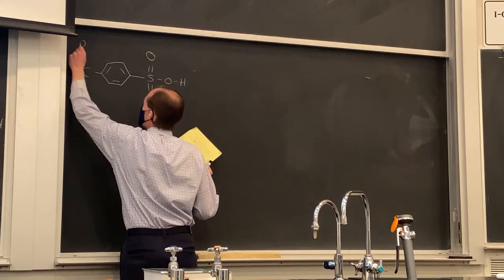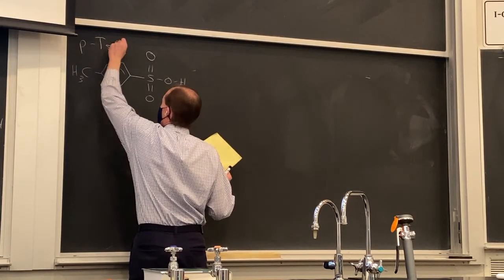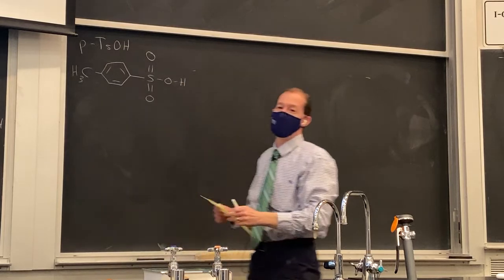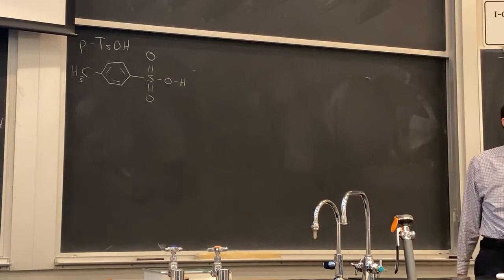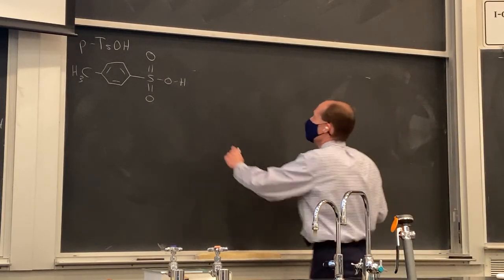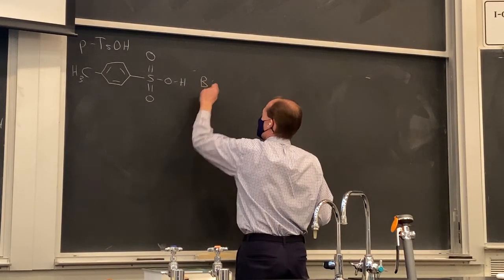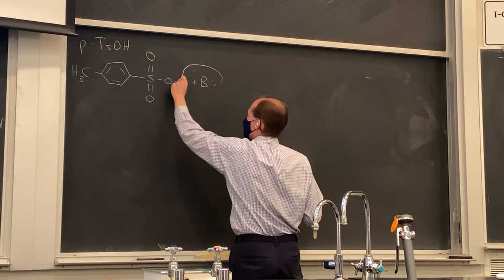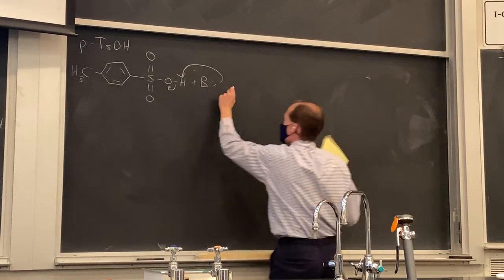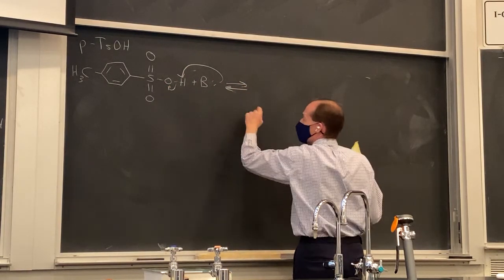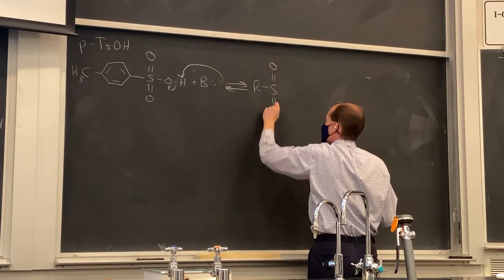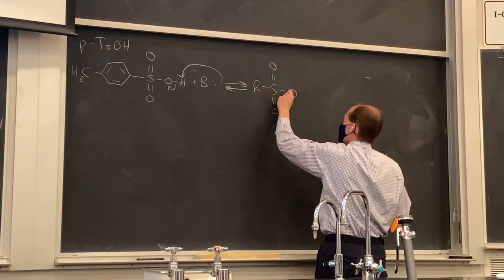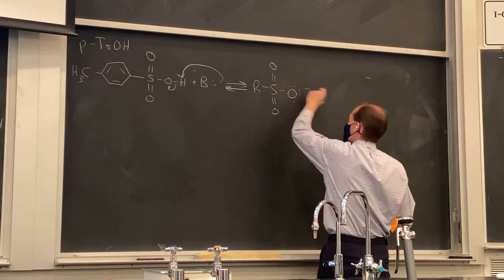We're still going to use an abbreviation because we don't want to write para-toluene sulfonic acid. And so PTSOH refers to this compound. So if we treat it with a base, we deprotonate the OH. In the interest of time and space, I'm going to abbreviate the toluene group as R. Okay?